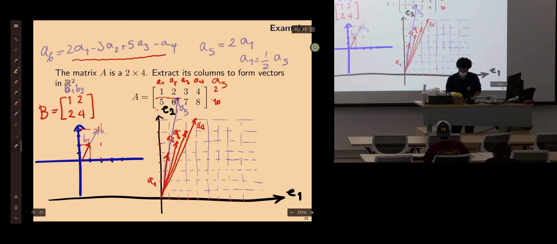B1 and B2, right? Same direction. B2 is twice of B1.